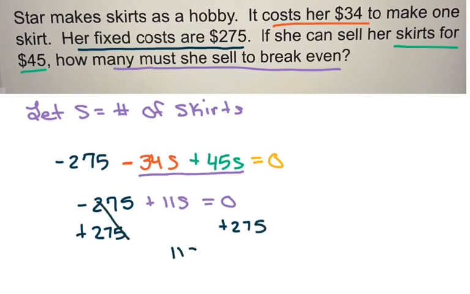I have 11S equals 275, and then I'm going to divide by 11. So 275 divided by 11, you might have to type that in your calculator, but you're going to get 25. So S equals 25. So that means she has to make 25 skirts in order to break even.